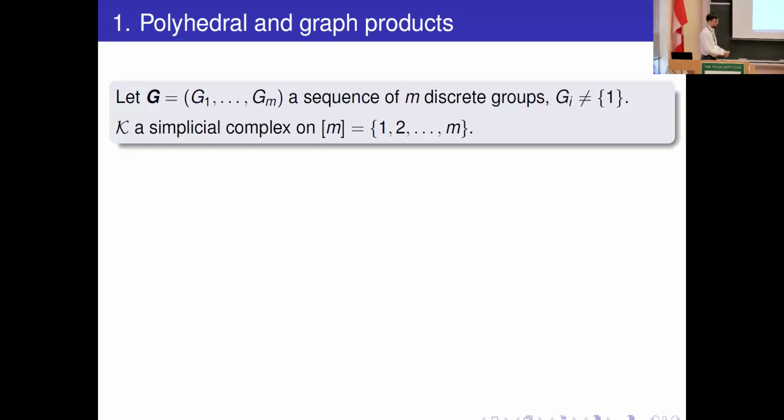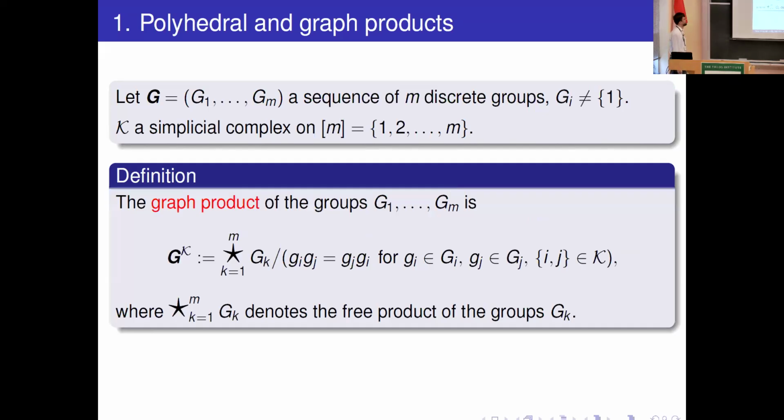We want, in group theory, to talk about an analog of the K-polyhedral product. Let G be a sequence of m discrete non-trivial groups. Let K be a simplicial complex on [m].